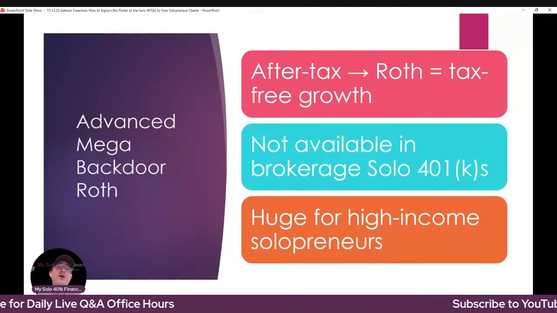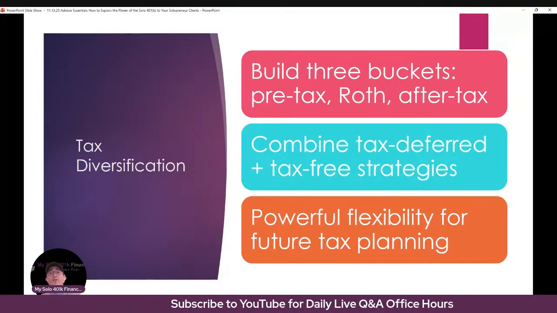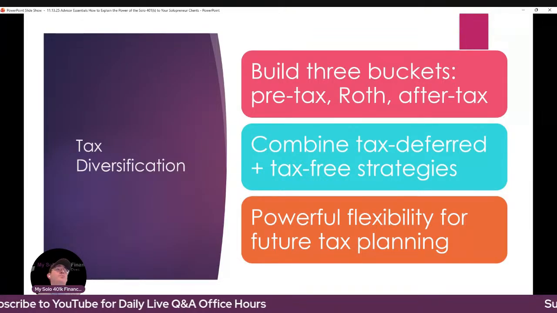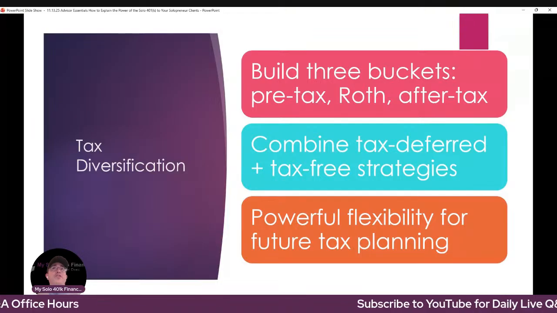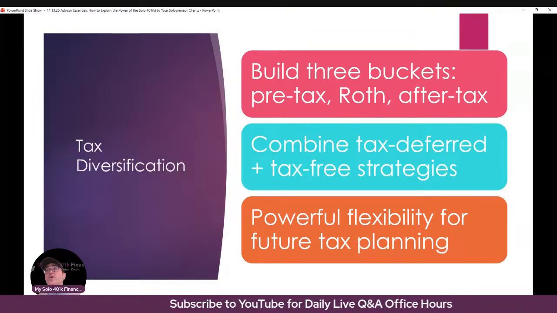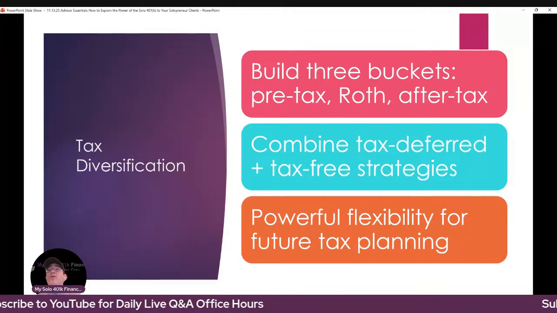Ultimately, it can be a very attractive opportunity for high income solopreneurs. Of course, it's available to everybody who sets up our plan, but just based on experience, a lot of times those high income solopreneurs are extra attracted to the ability to make those mega backdoor Roth contributions. But you're not just limited to Roth and mega backdoor Roth. Our plan is going to allow for all types.